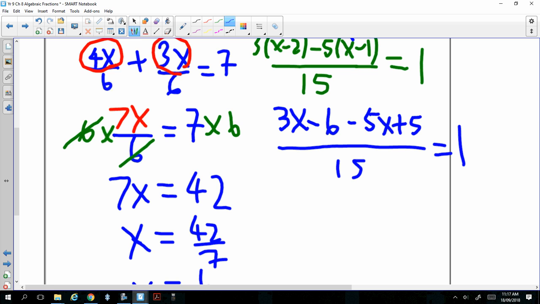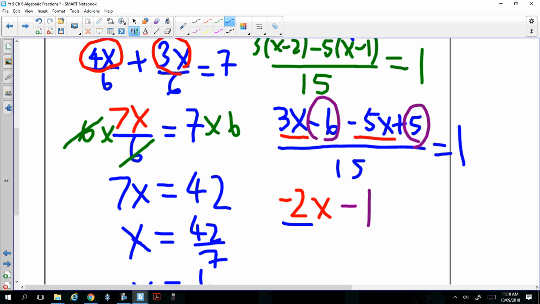Which two are like terms? 3x minus 5x is negative 2x, good. And what else? Negative 1, because negative 6 and 5 is negative 1. Good.